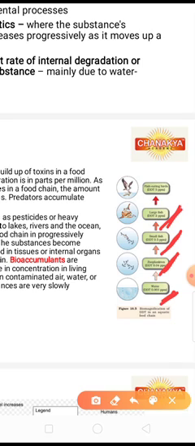And if that large fish is being eaten by birds, fish-eating birds, then it will increase to 5 ppm.